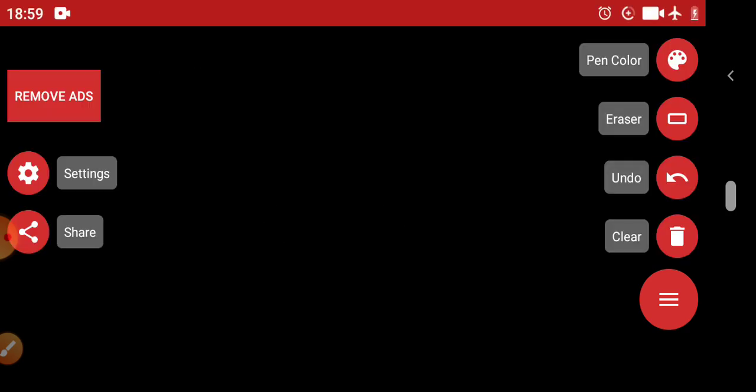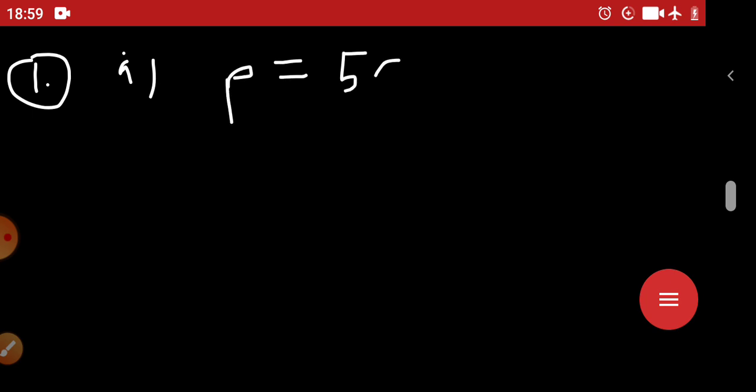So in exercise 17.4d, you are required to transpose. So you are doing the same thing but at different levels now, the levels of difficulty. So a, we have p is equal to 5a squared, and we are required to make a the subject of the formula.